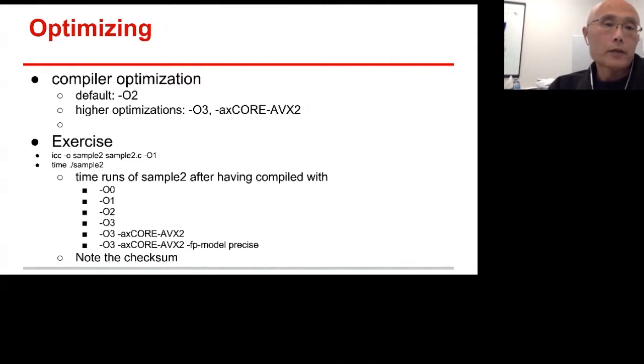To get an idea of how much difference a compiler optimization can make, I have the following exercise. So compile the program called sample2.c. For example, you can do icc -o sample2 sample2.c -O1.